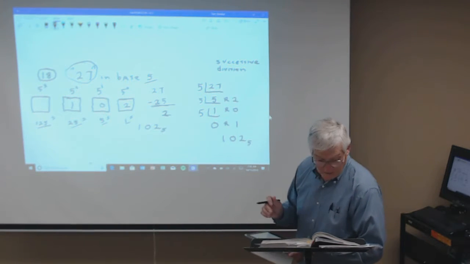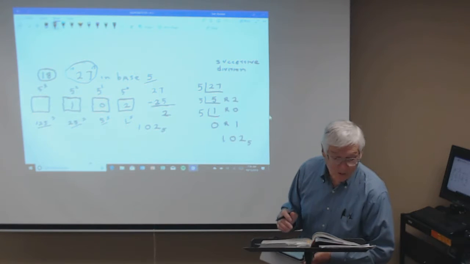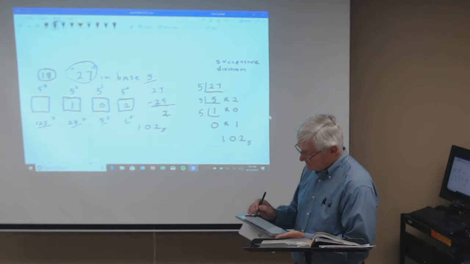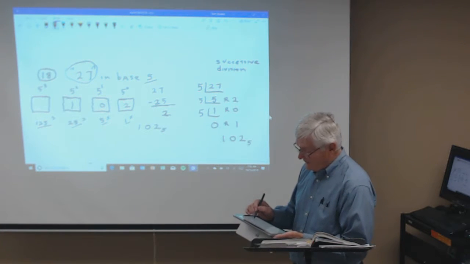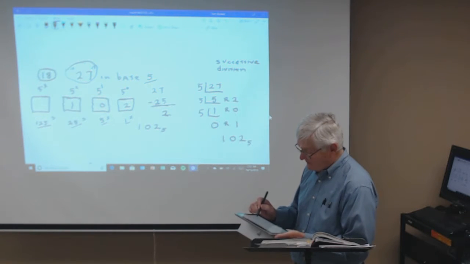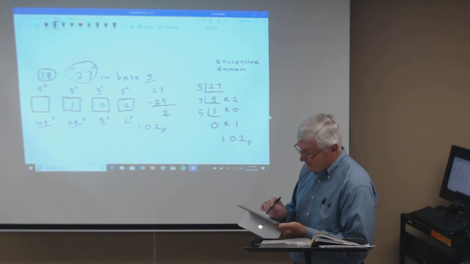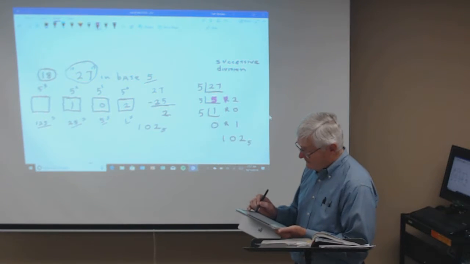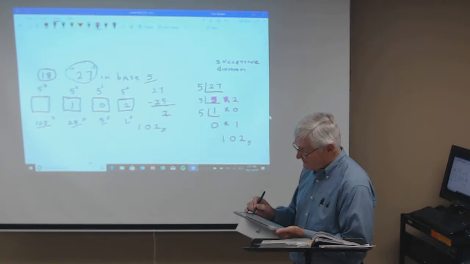Now, let me show you the way they do it on page 204. They take 27 and divide by 5. And what do you get? 5 times what is less than 27? 5 times 5 is less than 27 with a remainder of what? 2.